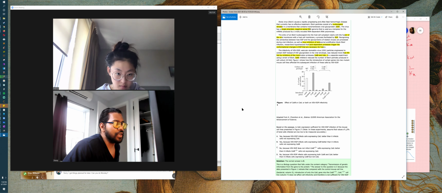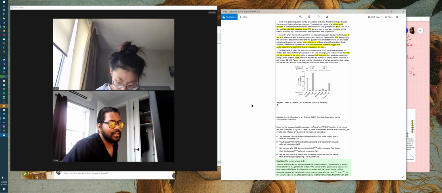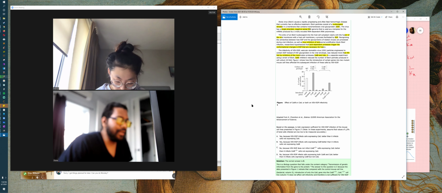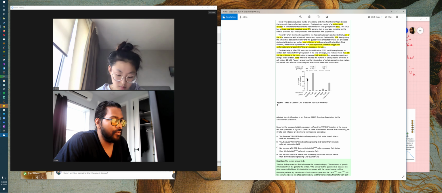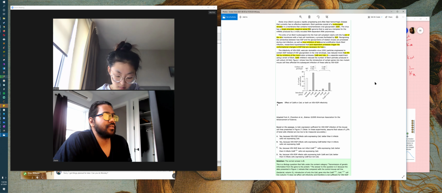Okay, so it seems like the percent of total cells infected is on the y-axis, and introduced genes are on the x-axis. For wild type, you basically have that amount of infected cells, like 27% or whatever. Now let's say we introduce some bacterial cells.